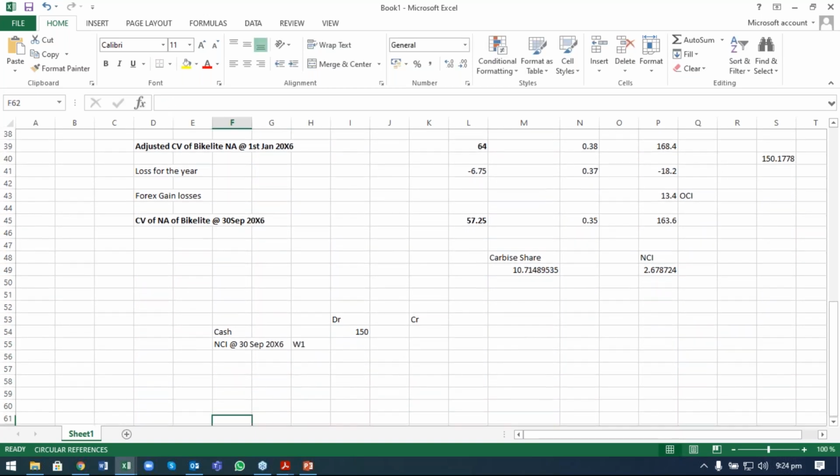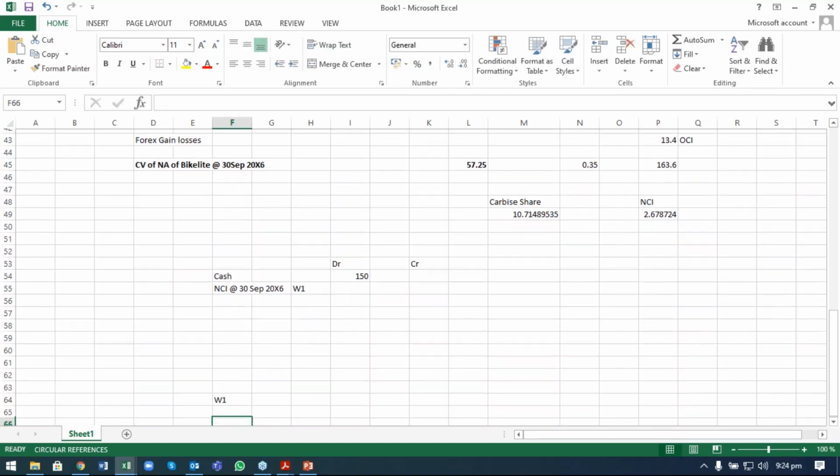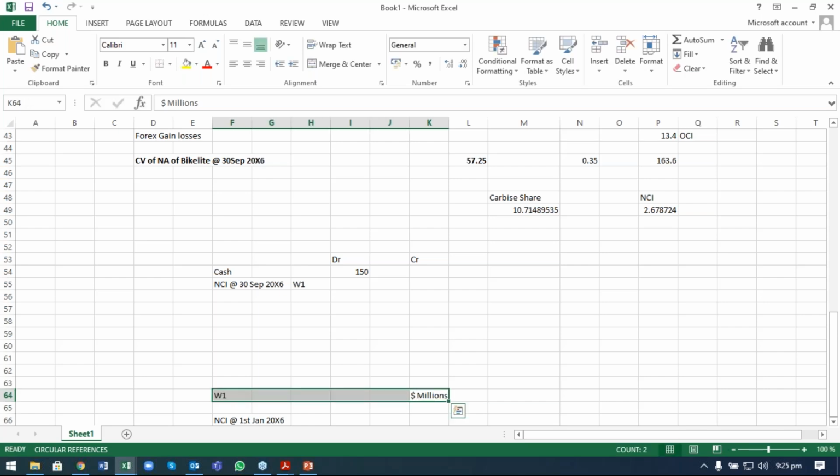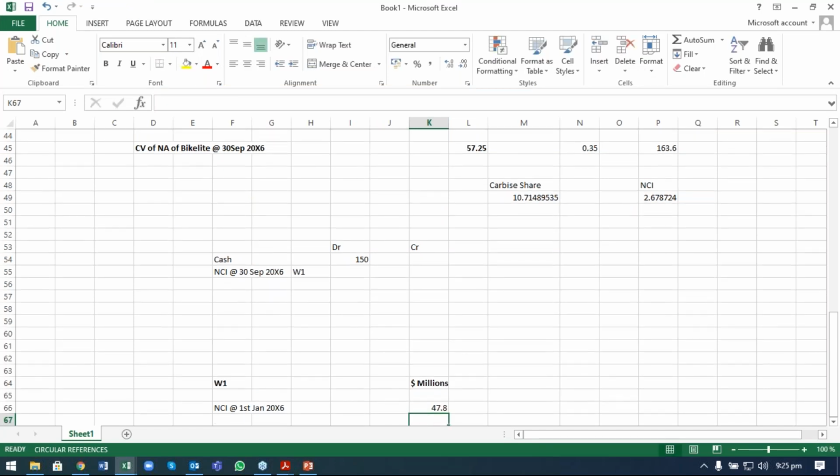This working one includes NCI at 1st January 20X6, which is provided in dollar millions. The NCI value was 47.8 million, right?